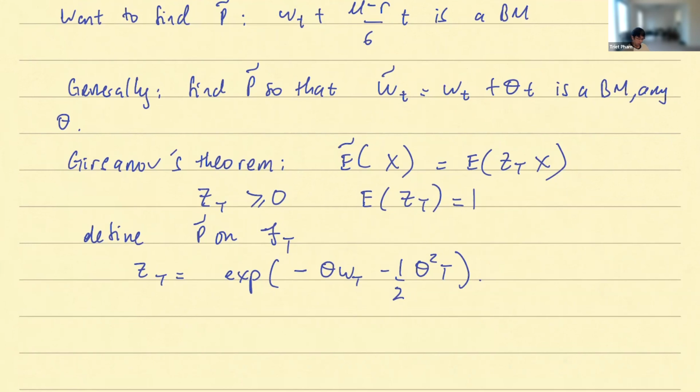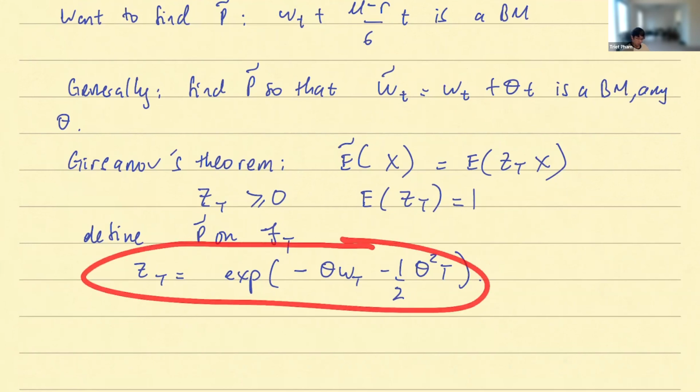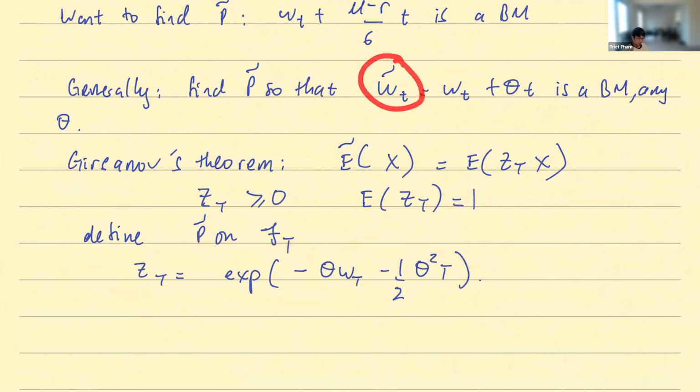Is that okay? So that's the result. If you use this change of measure kernel, then W tilde will be a Brownian motion under P tilde.